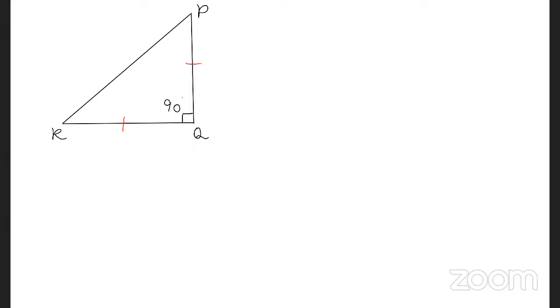Now, in this triangle, PQ and QR are equal. It is a right triangle and an isosceles triangle. This angle is X. Can you find out the value of angle X?